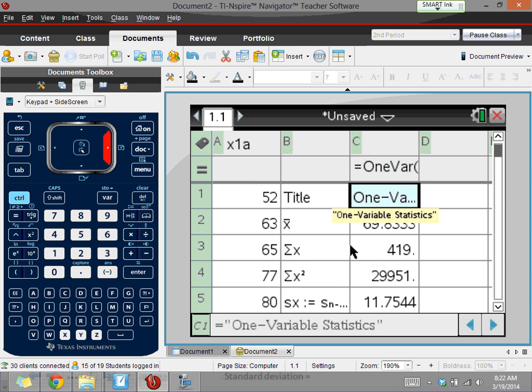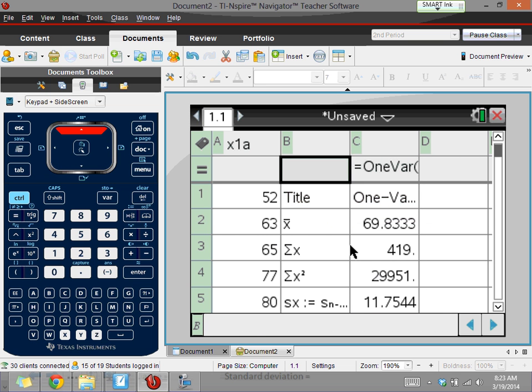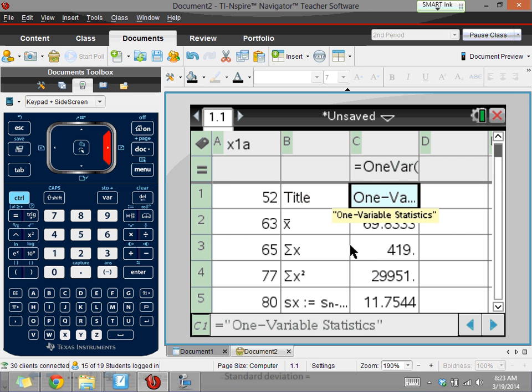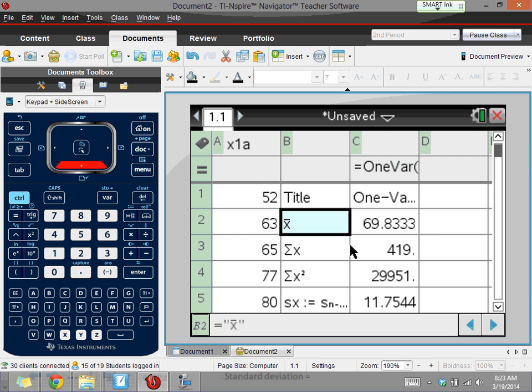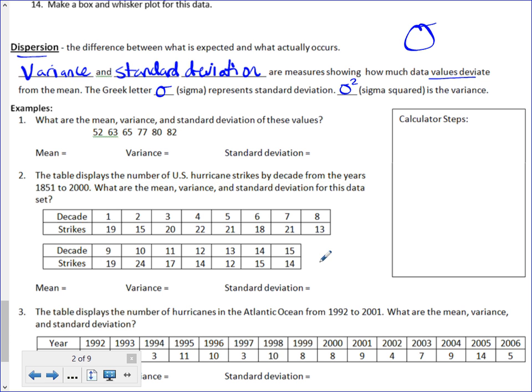It should say title, 1 variable statistics, X1A. Go up so it says title, 1 variable statistics. What's this one mean? Mean. All y'all saying mine doesn't look like that. I said go up, so it's to where it says title.